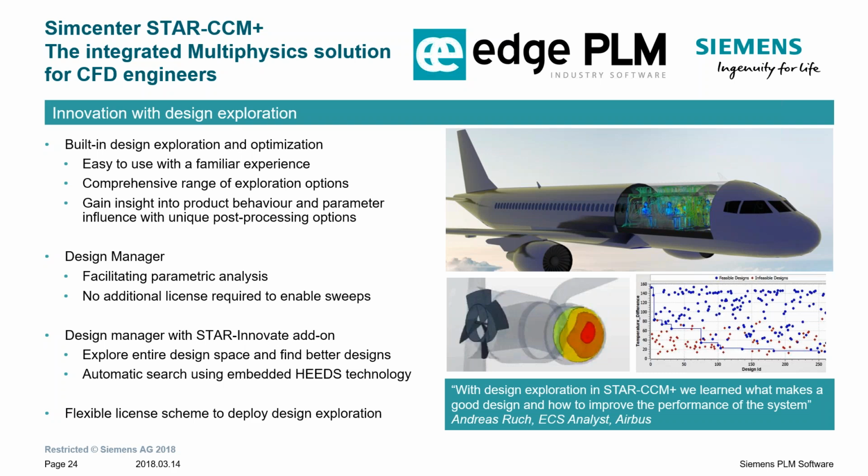By creating a parameterized CAD model of a mixer with various degrees of freedom, engineers were able to leave Star Innovate to navigate through over 250 designs to find a set of options providing vastly improved temperature uniformity across the cooling duct. This is an example of using automatic design optimization to find better designs in a much shorter time than would be needed for manual design iterations. The animation shows the different designs tested.